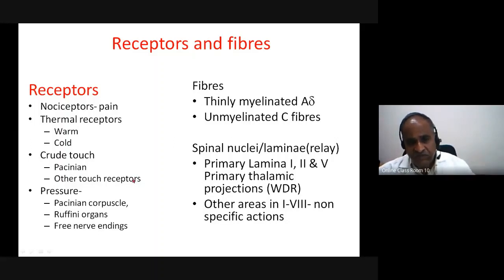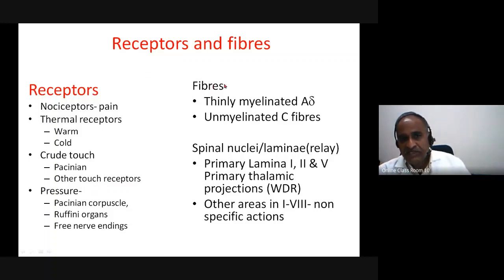You have a number of other receptors, but they may be deeper, and their attributes are less because these are not very fast fibers. For deep pressure, the Pacinian corpuscles, Ruffini organs, and free nerve endings. In crude touch also, we have Pacinian corpuscles, free nerve endings, and other touch receptors.